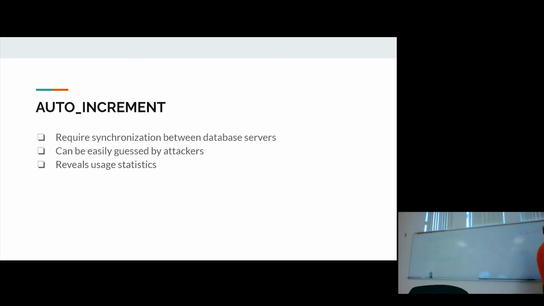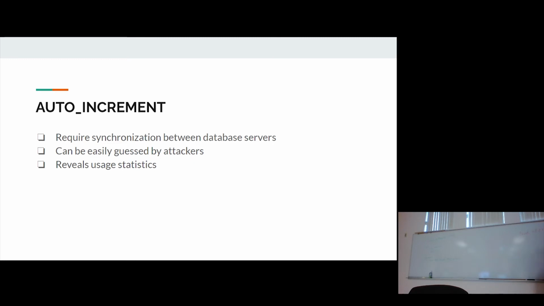Okay. It can also, as we talked about, be easily guessed by attackers. If I know that every time I insert a record it goes up by 1, I can just try the numbers. I can say, okay, I'm going to try all the numbers from 100 to 200 and see if I can find some data that I shouldn't have access to. I can do a lot of trial and error and brute force attacks with these. And it also, as we talked about, reveals usage statistics.